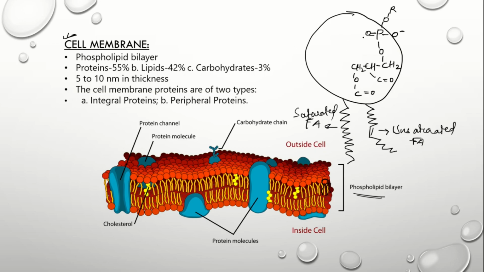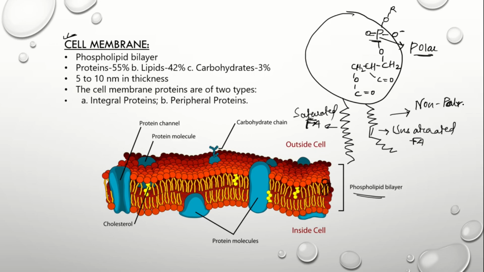So can you see that here the phosphate group is present, and because of this phosphate group the polarity will be induced, and these are the fatty acids. Fatty acids are however non-polar in nature.